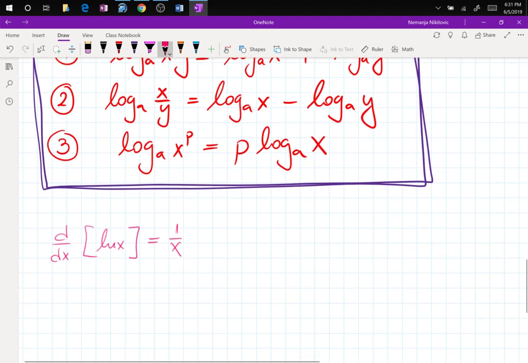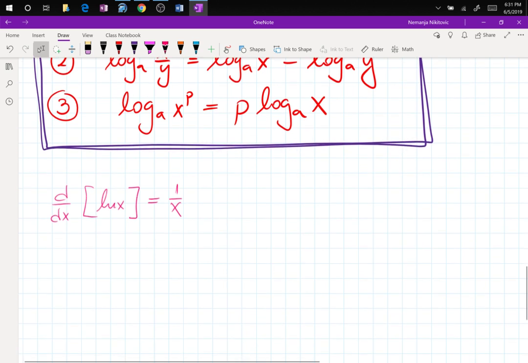So this is the one that you already know from before. The more interesting case would be the one that replaces the argument x with any function f of x. And that's the one you will be using most of the time.